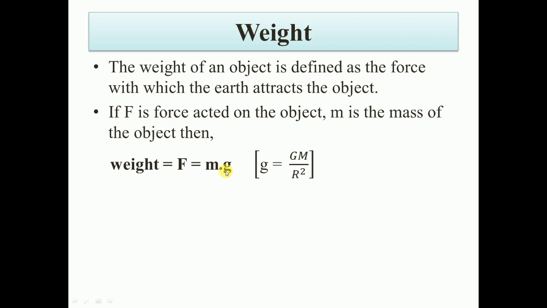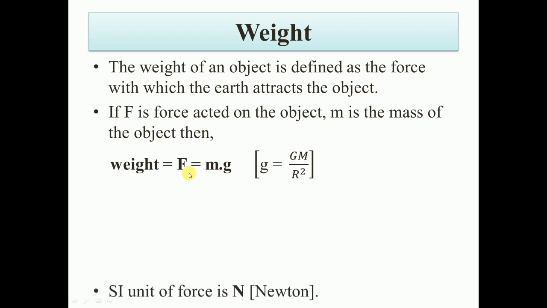Now if you have your mass as 40 kg, and you know that the acceleration due to gravity on the earth is 9.8, or you can take it as 10. So you multiply 40 with 10, and you will get 400, which is nothing but the weight of your body on the earth.